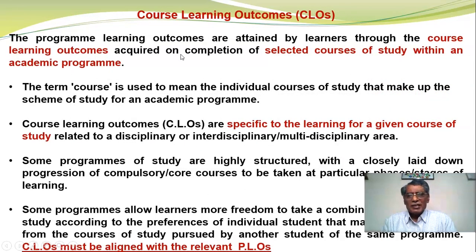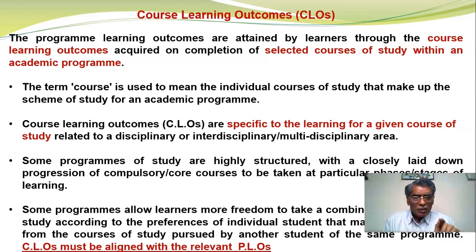Then course learning outcomes. The program learning outcomes are attained through the course learning outcomes acquired on completion of selected courses of study within an academic program. The term course is used to mean the individual courses of study that make up the scheme of study for an academic program.